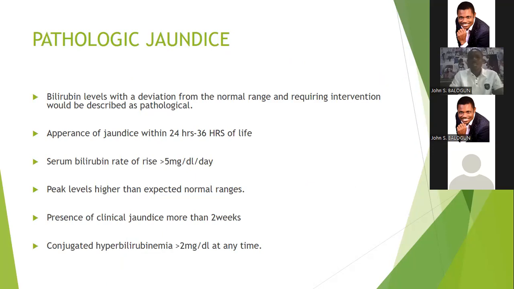For instance, you notice jaundice on the second day of life and it was 5 milligrams per dL, and by the third day of life the jaundice has become 10 milligrams per dL. You should know that you are dealing with pathologic jaundice, because the rate of rise should not be greater than 5 milligrams per dL per day.